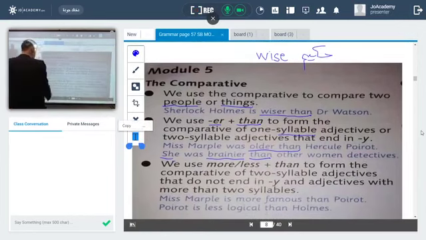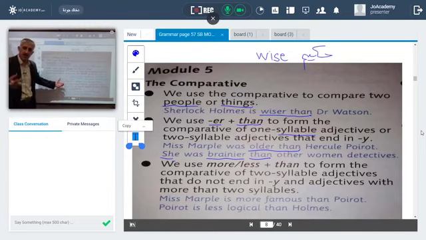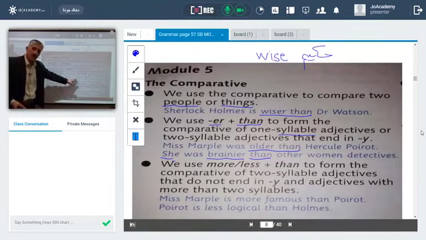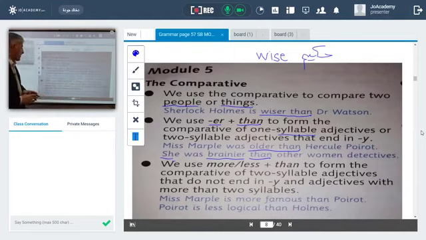We use more or less, more meaning more, less meaning less, plus than to form the comparative of two syllable adjectives that don't end in y.